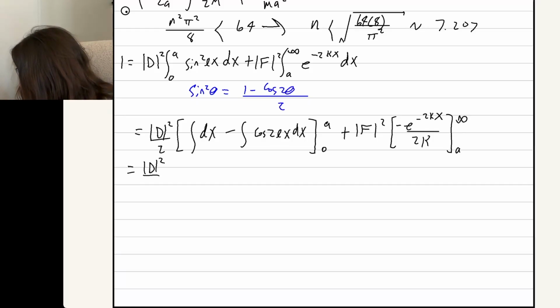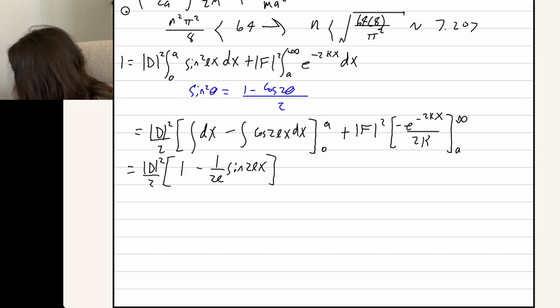We get d squared over 2 times 1 minus 1 over 2l sine 2lx from 0 to a. This turns into just f squared over 2 kappa e to the minus 2 kappa a.